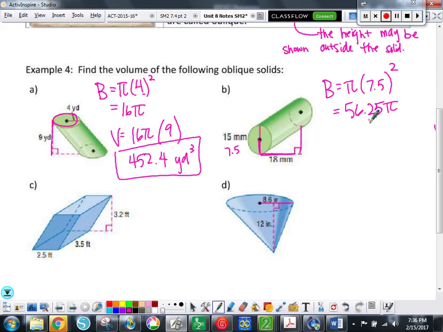Volume, do I need the 1/3? No, because it's a cylinder. The volume is the area of the base times the height of the cylinder. In this case, the height is 18. So I get 3,180.9 millimeters cubed.